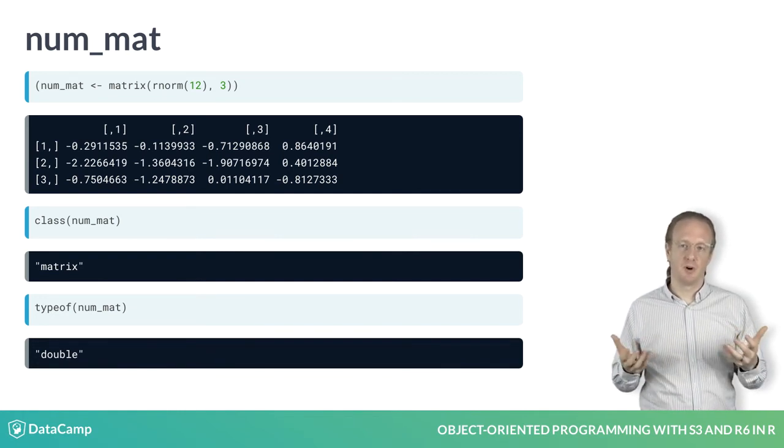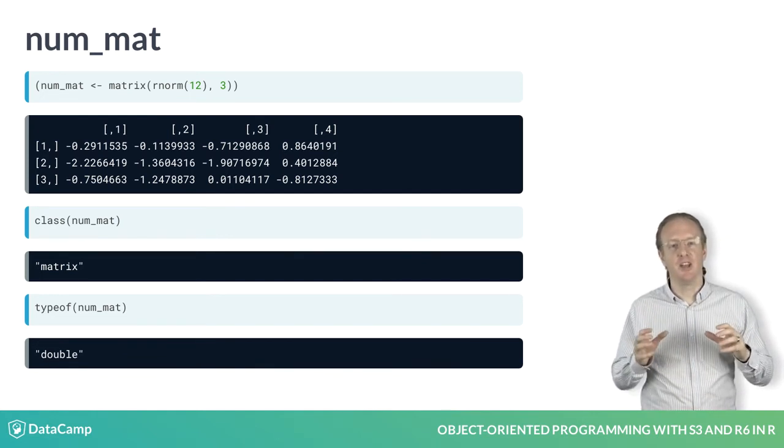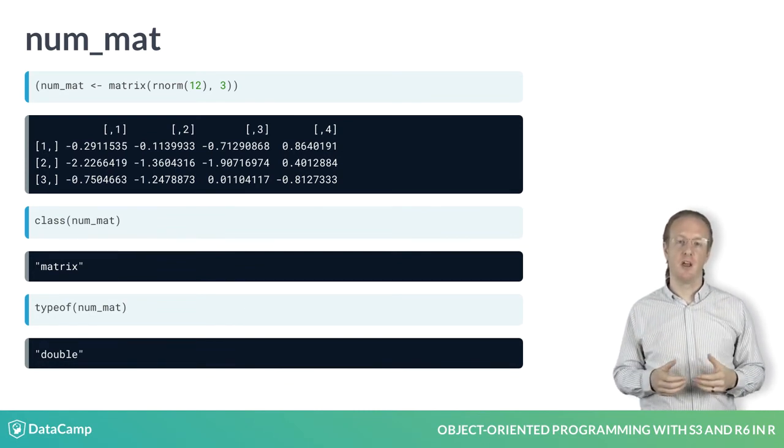In C, floating point numbers are called doubles, so that's what typeOf returns here. The important point is that you can use typeOf to precisely determine the contents of your variable, regardless of its class. This is especially useful once you start working with S3.